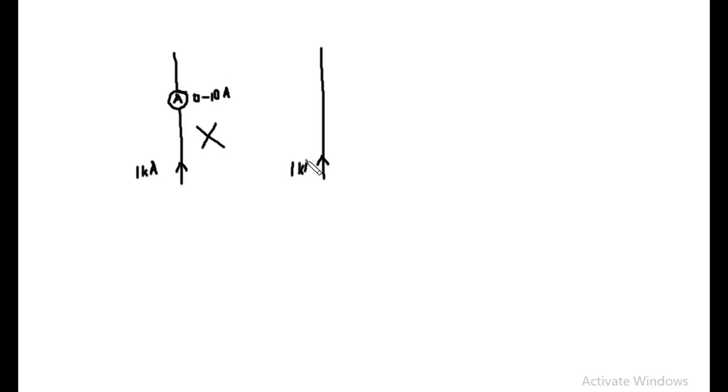There comes the instrument transformer, or we will call it a current transformer. We have this line carrying high current, say 1 kiloampere. We will connect the primary side of a current transformer to this transmission line, over the conductor carrying the high current, and to the secondary of the transformer we will connect the low range ammeter, 0 to 10 ampere or 0 to 1 ampere.